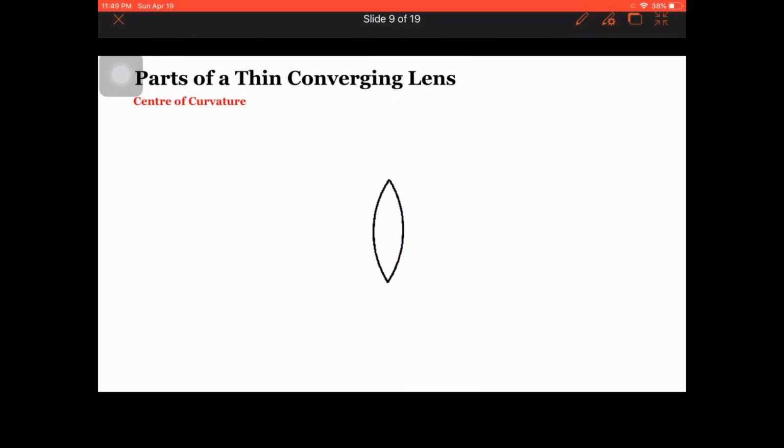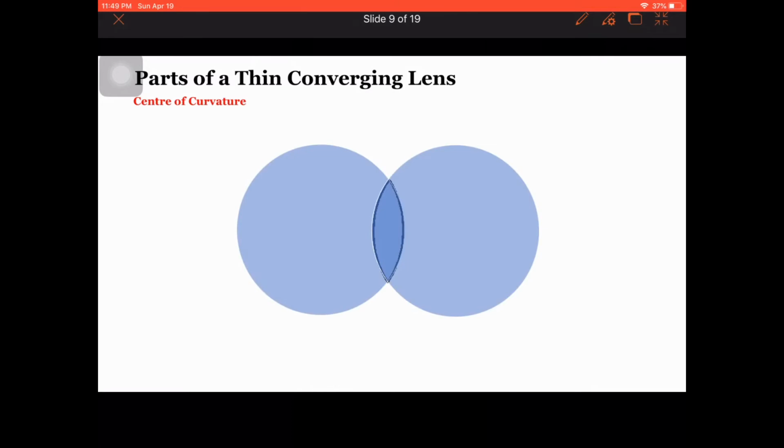Next is the center of curvature. What is the center of curvature? It's the center of the spheres where the convex lens is a part of. If that is too technical for you, then here is a diagram. So there are two spheres, as you can see here. Now they meet at this point. Now this space actually is your lens, your thin converging lens.